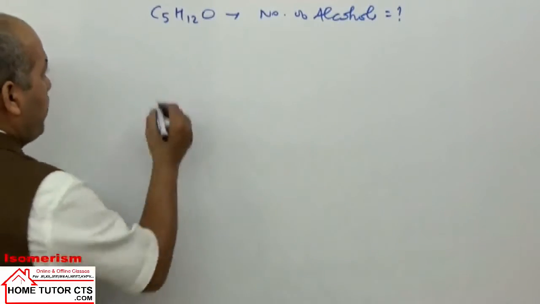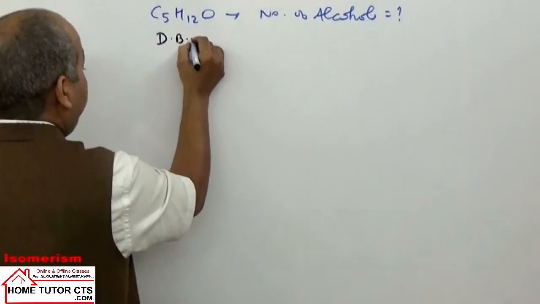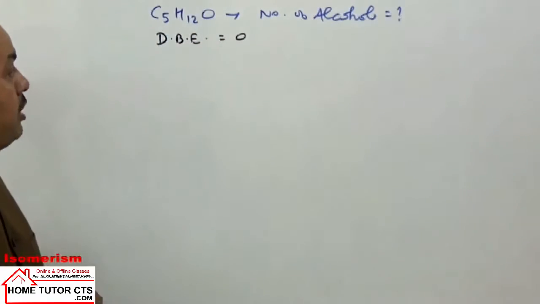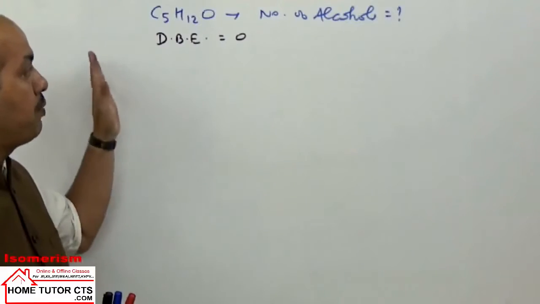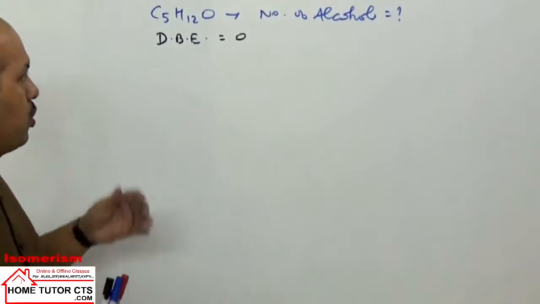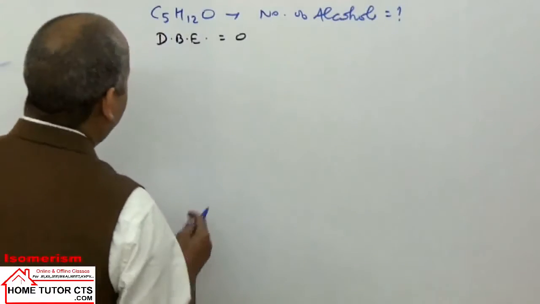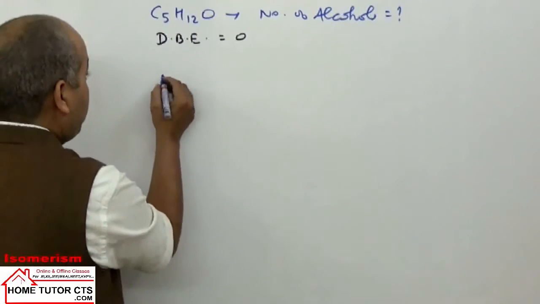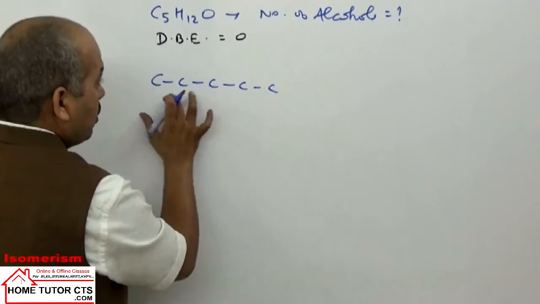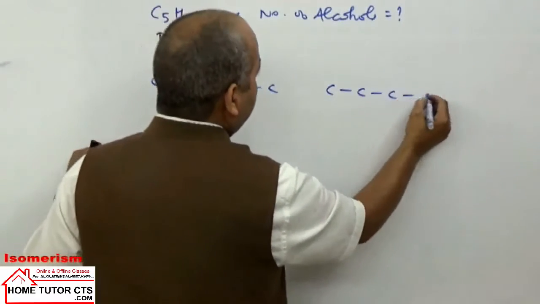Now coming to the solution part. First we find the double bond equivalent, which is 0. If this compound has DBE 0, that means the compound will be only open chain; no cyclic alcohol is possible. So you can think of 5 carbons. How many different chains can we have? One straight chain, or we can take one branch.